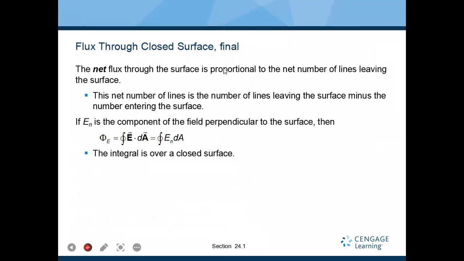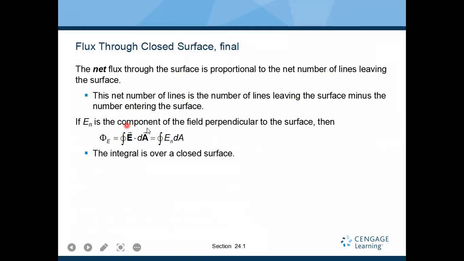So for the flux through a closed surface, finally we get that the net flux through the surface is proportional to the net number of lines leaving the surface. The entering lines of force equal the leaving lines of force in the net count; that is, the net number of lines leaving the surface is the number leaving minus the number entering the surface.